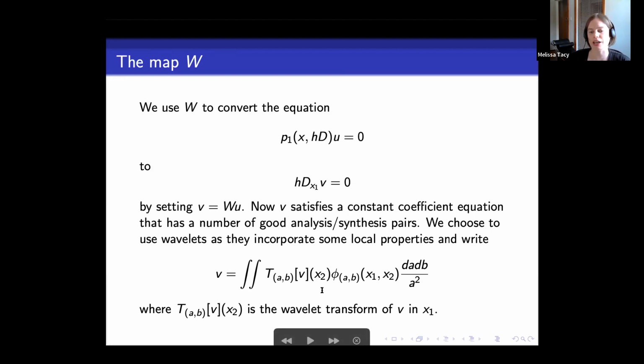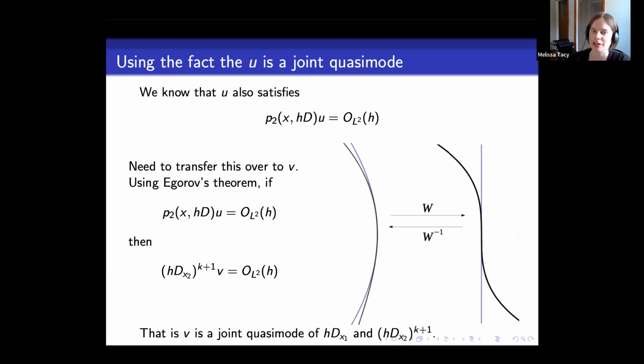Now, I'm only doing this decomposition in x1. x2 is just fixed, okay, because I have no equation for it. From P1, all I get is that h dx1 of v is equal to 0. So you can see x1 is just at the moment along for the ride. But I do want to use that variable because I haven't used yet that I'm a joint quasimode.